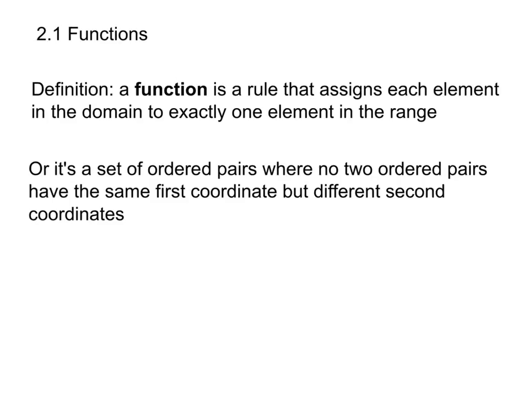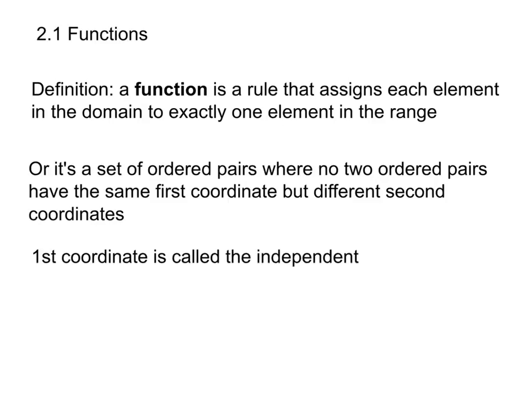We typically call the first coordinate the independent variable. This is referring to the x value. The second coordinate is called the dependent variable.